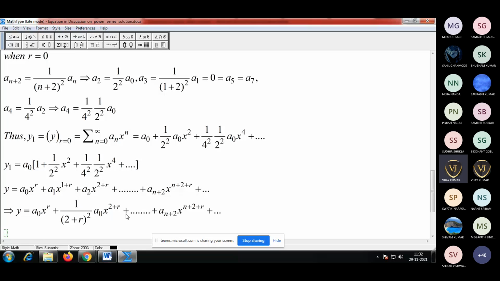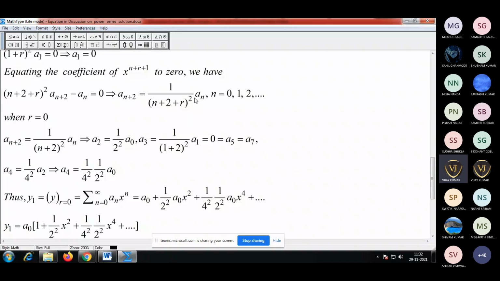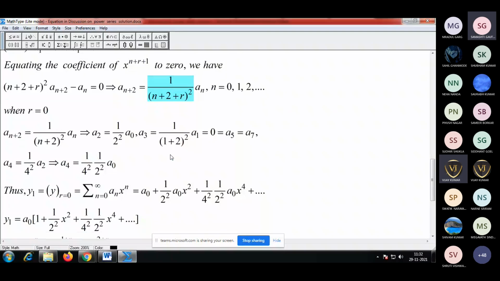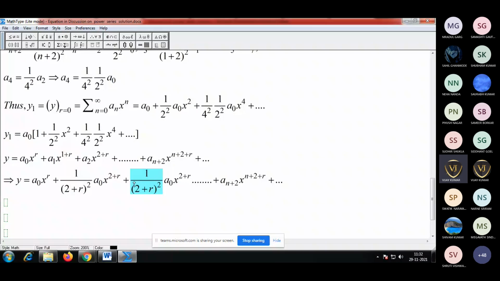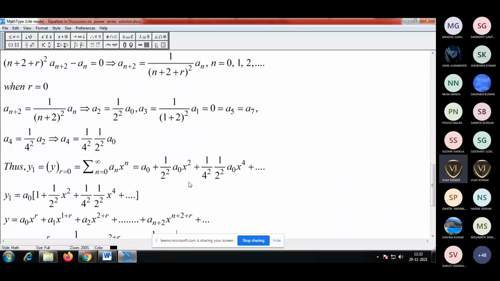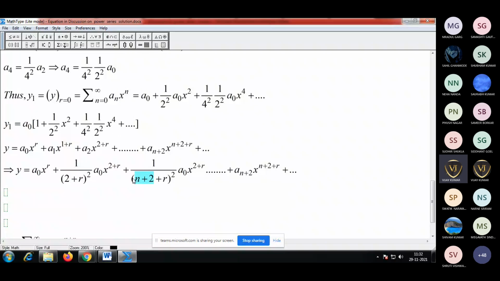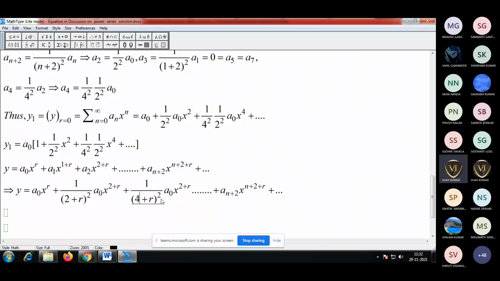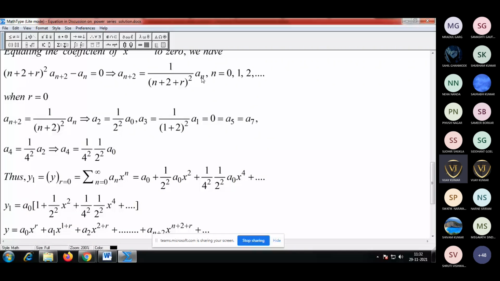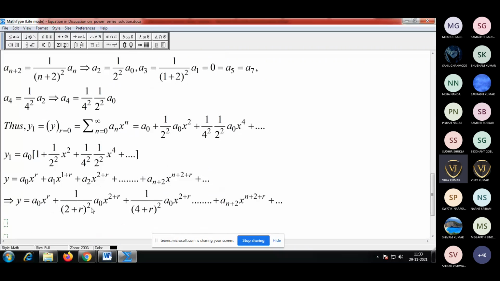Similarly, we may proceed further because a3 is 0 and a4 terms will be, please guess it. A4 means n is 2, so a2 will be here. It means this one. N is 2, then it becomes 4. 4 plus r square, and then here a2 and a2 is 2 plus r square.